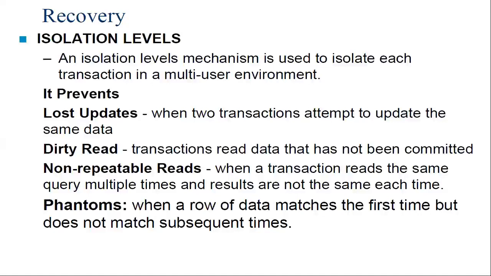Suppose a particular data item is accessed by two transactions and is not properly updated, then it is called a lost update. Without proper concurrency control, two transactions may attempt to update the same data item, and a particular transaction will not update it properly.